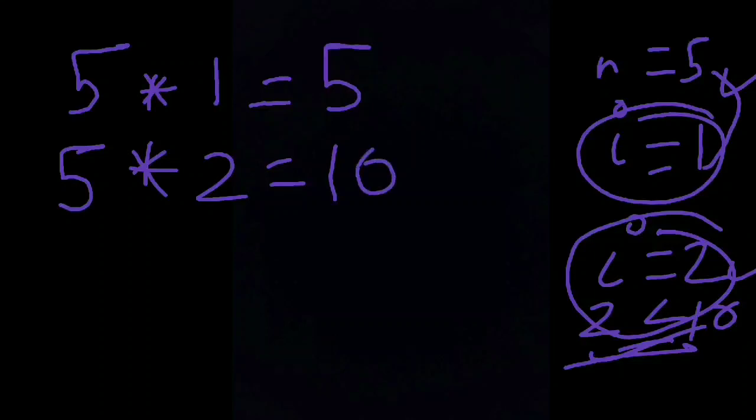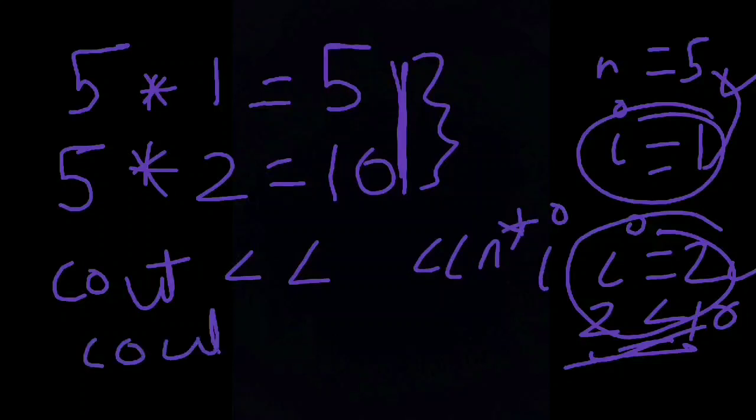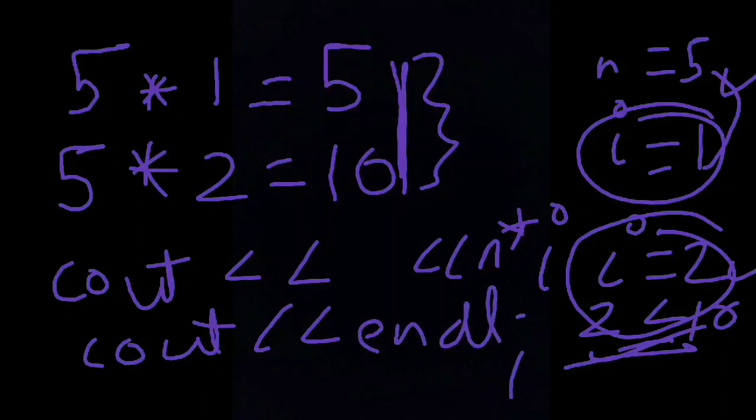Obviously this is printing in the next line because we will use the backslash n or endl. We have to print all of this in the next line, so we will use the endl function or the backslash n. So after this n into i, we will write endl or backslash n, whatever, in order to leave the line.